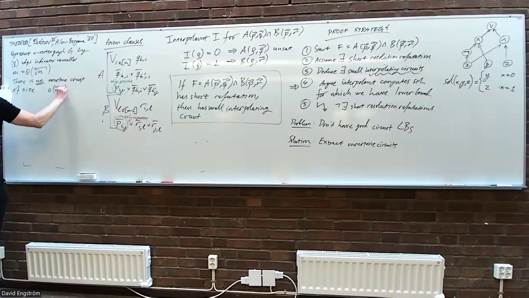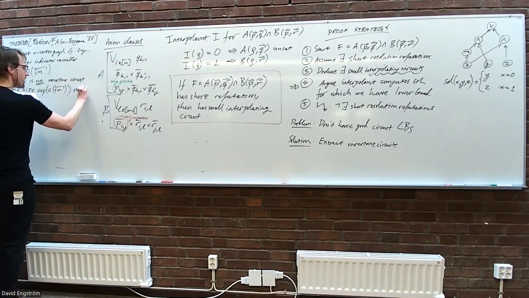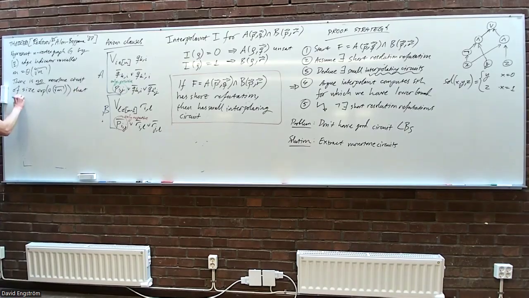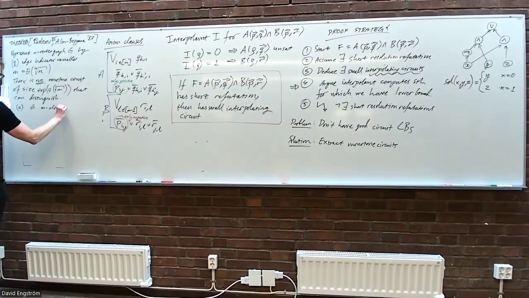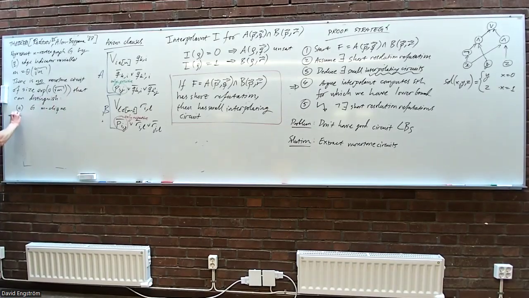So there's no circuit of size smaller than exponential in square root n that can distinguish the following two cases. Case A, G has an M-clique. Case B, G is M minus 1 colorable.